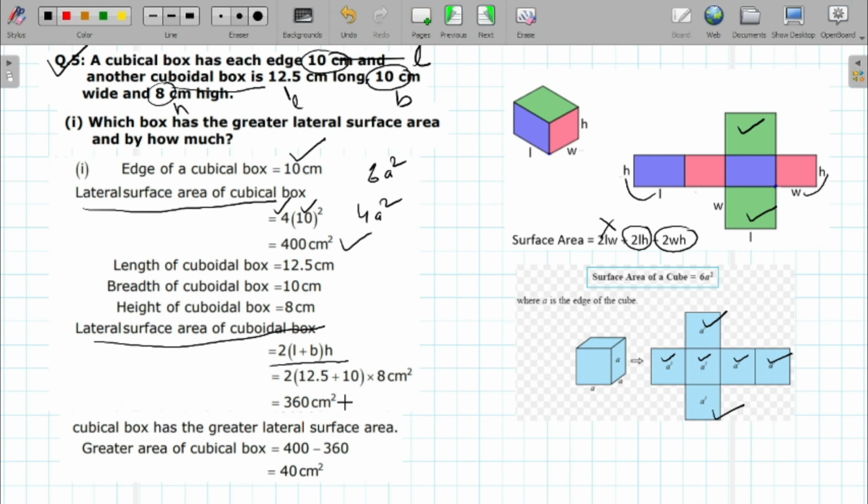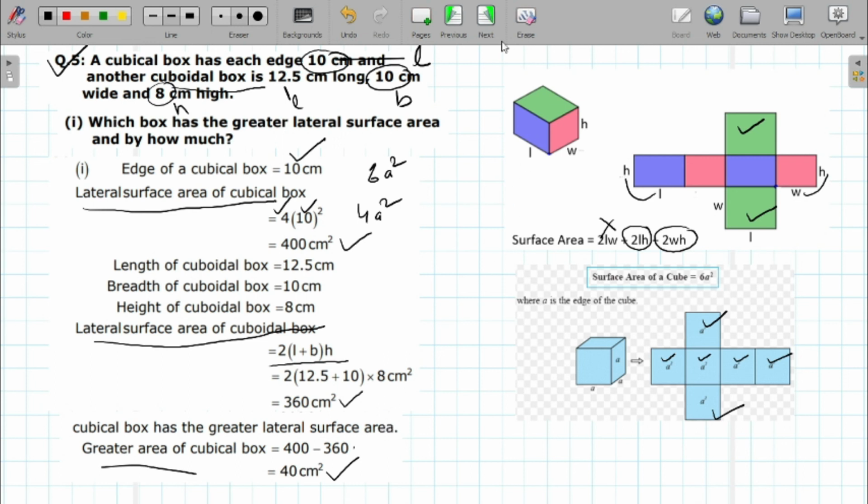So using this formula, 360 centimeter square will be the lateral surface area. So what is the difference? 400 minus 360, that is 40 centimeter square is the difference. Okay, in case of a cube and cuboid.